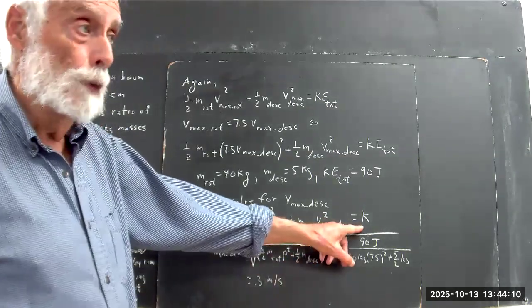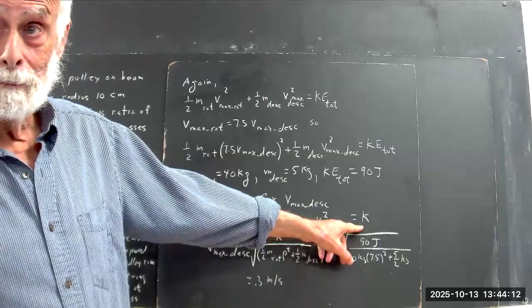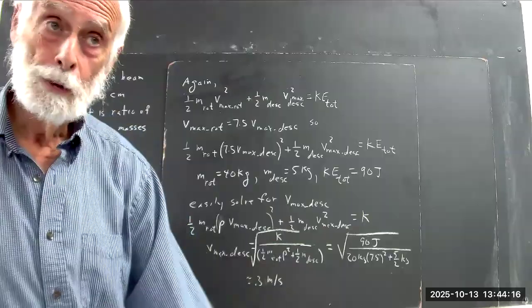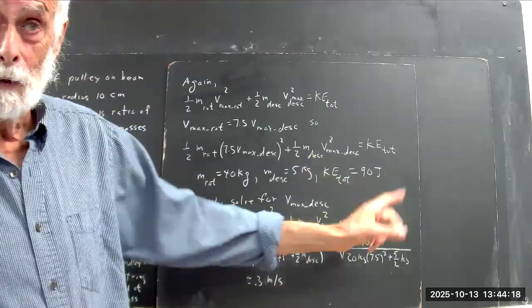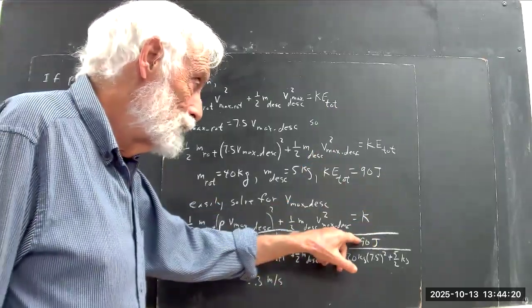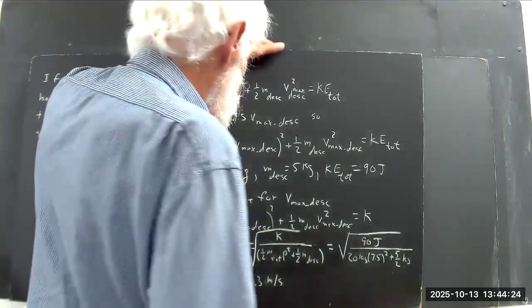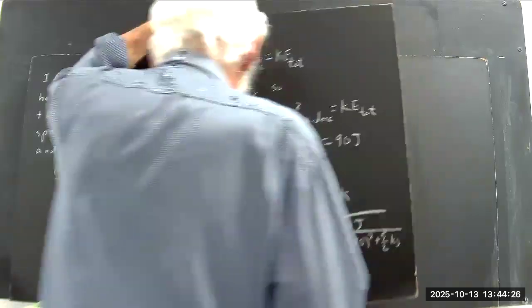Kinetic energy is the work done by the net force. Gravity did 100 joules. Friction did -10 joules. That's where the 90 joules came from. Okay, let's think about the spring.